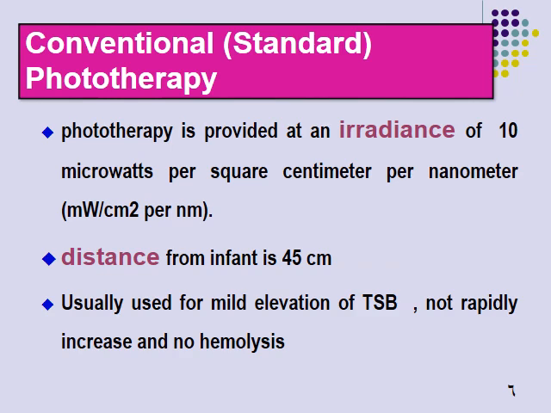Conventional standard phototherapy is provided at a radiance of 10 microwatt per square centimeter per nanometer with a distance from the infant of about 45 cm. It is usually used for mild elevation of TSB that is not rapidly increasing, with no hemolysis.